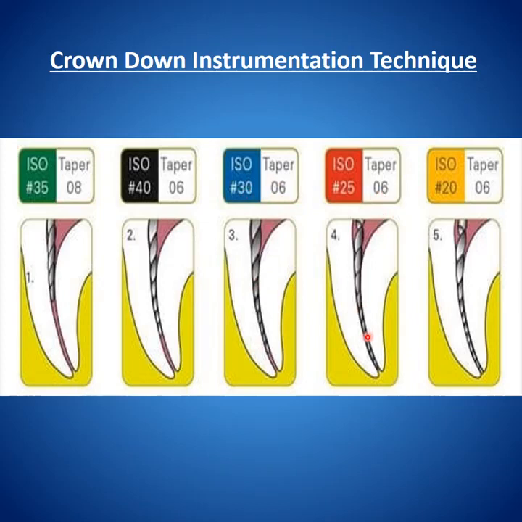Then to the apical region 2506, and widen or ensure a good patent canal with 2006. The crown down technique is very important because it will ensure that the apical region will be managed at the end so that no irregularities happen and no breach to the apical constriction, so that no overfilling would happen.